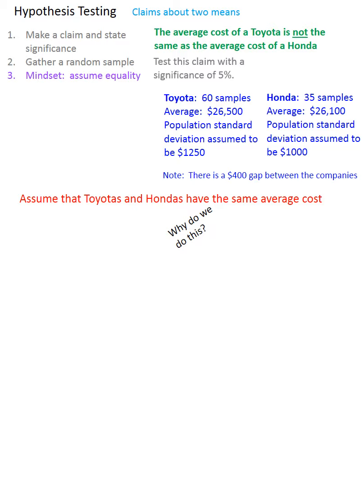Because if we can make an assumption called the Null Hypothesis, and that assumption mathematically leads us to this $400 gap not likely to have happened by chance, then we can assume that our assumption may have been wrong in the first place, which will turn our favor towards the alternative hypothesis, that which we were trying to prove in the first place.